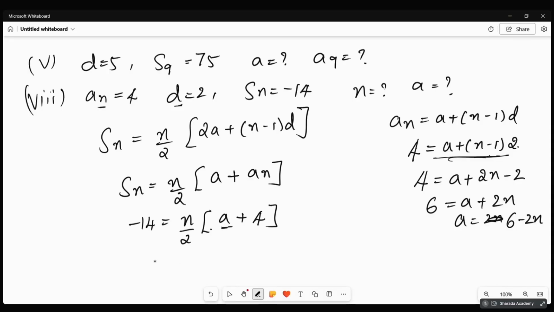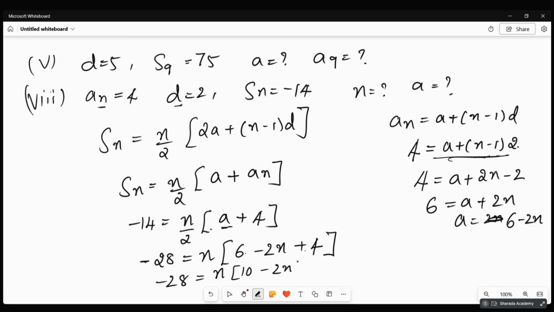So I'll substitute here. Minus 14 into 2 is minus 28, that is equal to n into (6 minus 2n plus 4). Okay, so minus 28 is equal to n into (6 plus 4 is 10) 10 minus 2n.